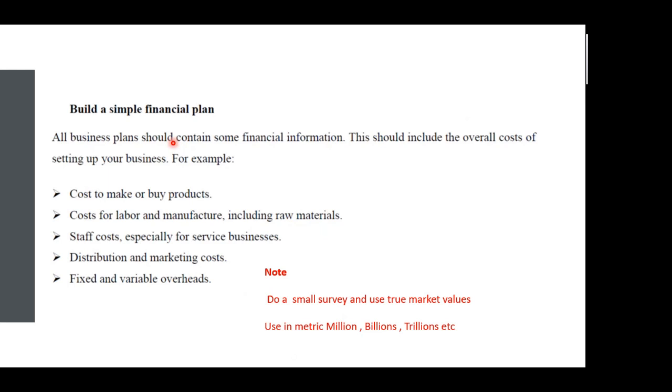But actually, there's furniture which you can buy at a very lower price. So please make sure when you put these financial figures, don't put whatever financial figures that you get into your mind. Do some search, do a small survey and see what is happening in the market.